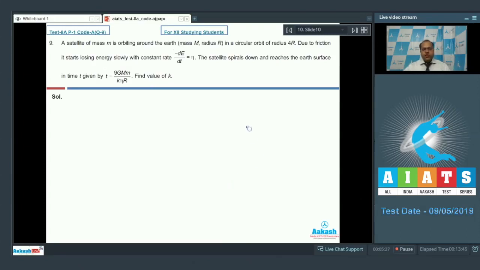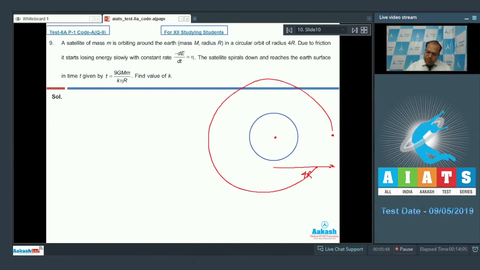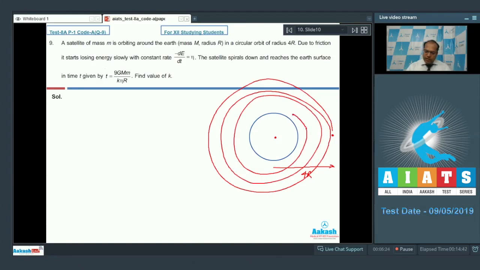So let's analyze the situation. Suppose this is the Earth of mass M and radius r, and a satellite is initially at a distance of 4r from here, and it spirals down on this path, and finally reaches the Earth's surface in time t.